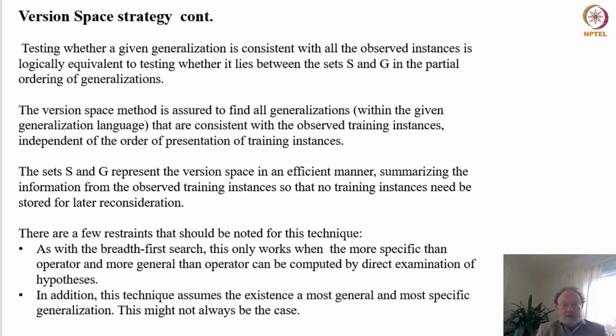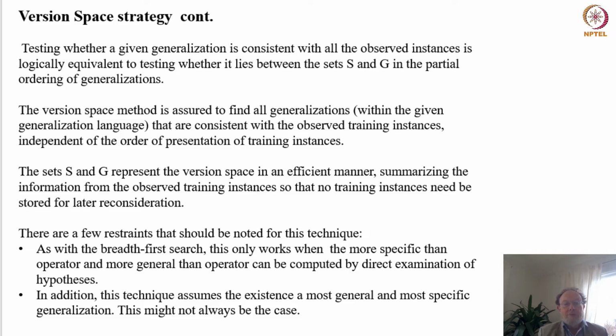However, there are a few restraints that should be noted for this technique. So, as for the breadth first search, this technique will only work when the more specific than operator and more general than operator can be computed by direct examination of hypotheses, because we just said that we don't need to store the instances.